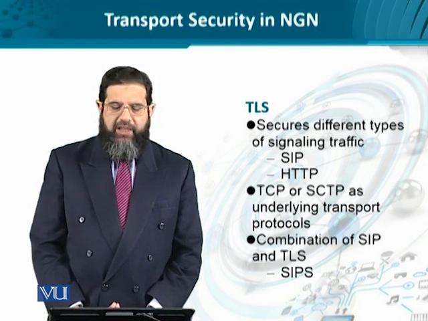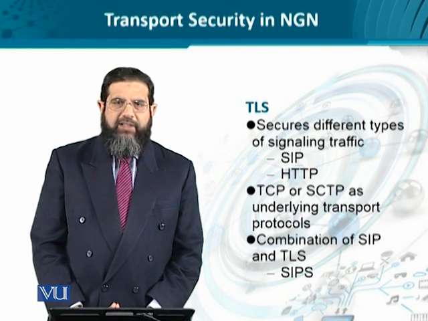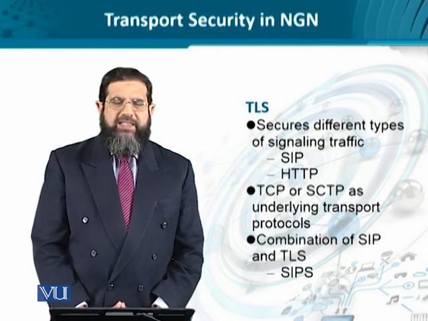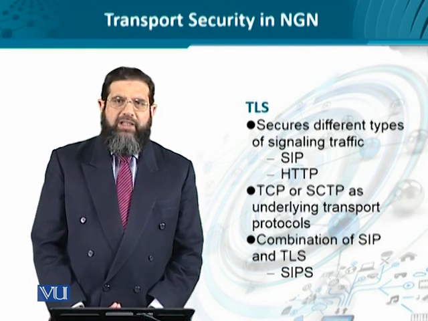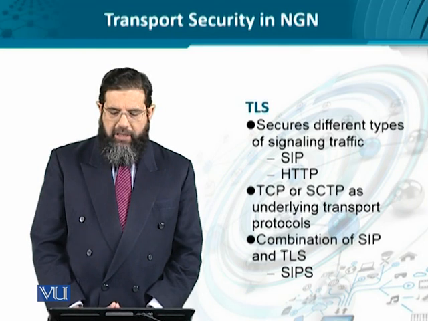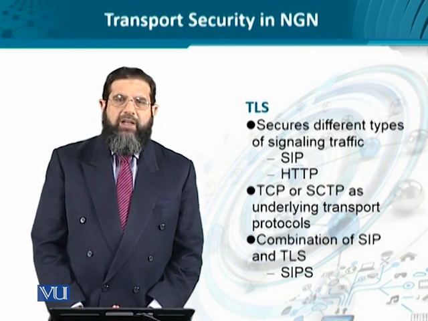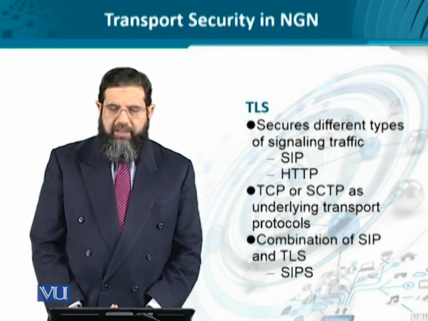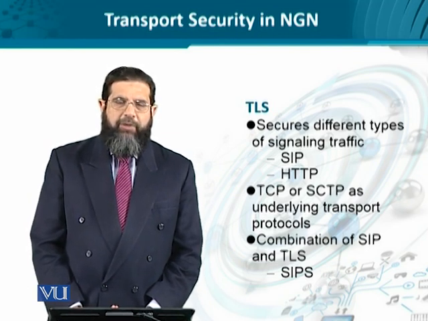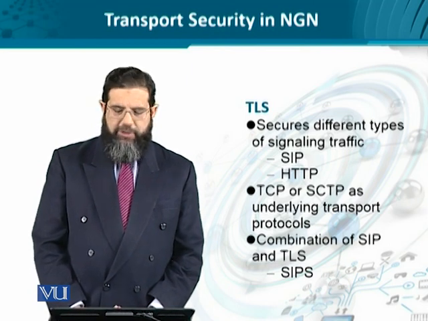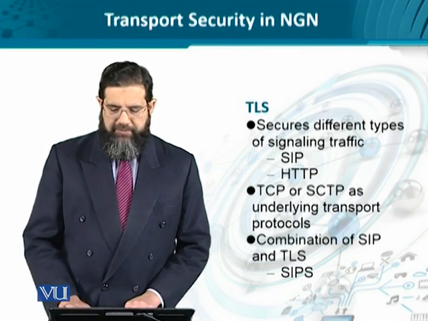Once we are using TLS, it simply implies that at the transport layer we are assuming TCP or SCTP to be the underlying transport protocols. As an example, if we combine the operation of TLS with SIP, it makes SIP secure, known as SIPS.